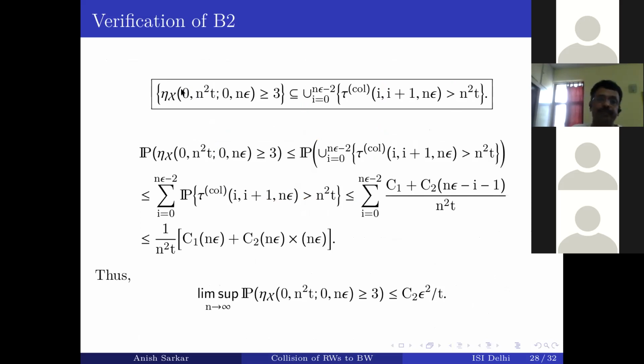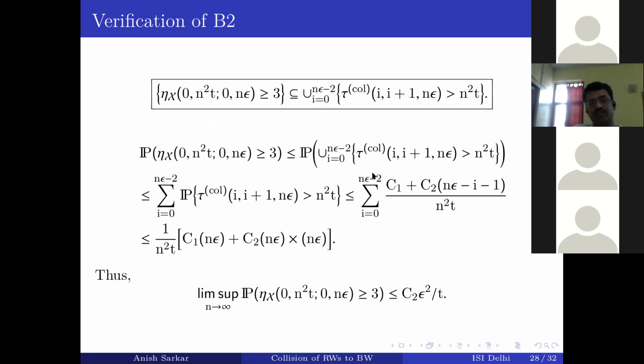So you get that the event of at least 3 distinct paths is contained in this union, i equal to 0 to n epsilon minus 2, that the collision time of the paths starting from i plus 1 and n epsilon is bigger than n squared t.